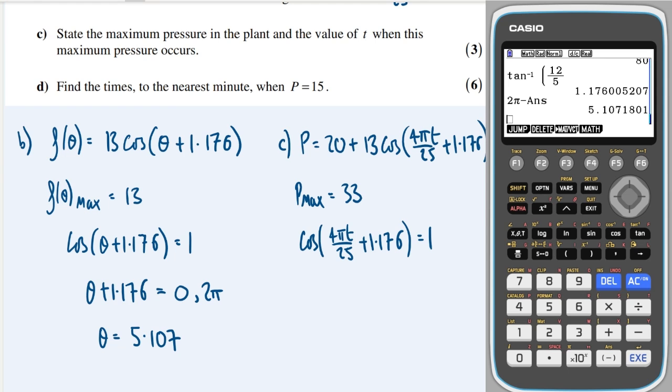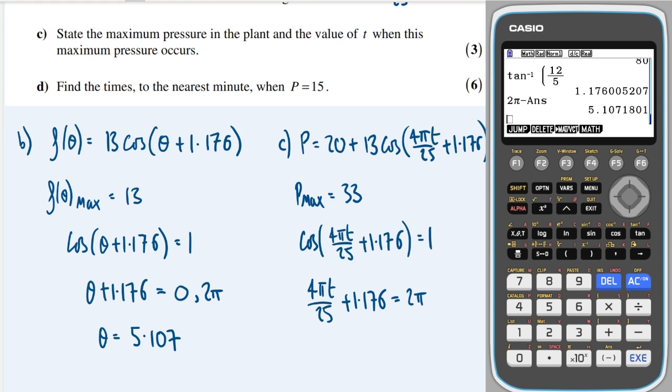And once again, we're just going to take cos to the minus 1 of 1, and we're going to get 0 and 2 pi, but we know that 0 doesn't work because it will give a negative answer.